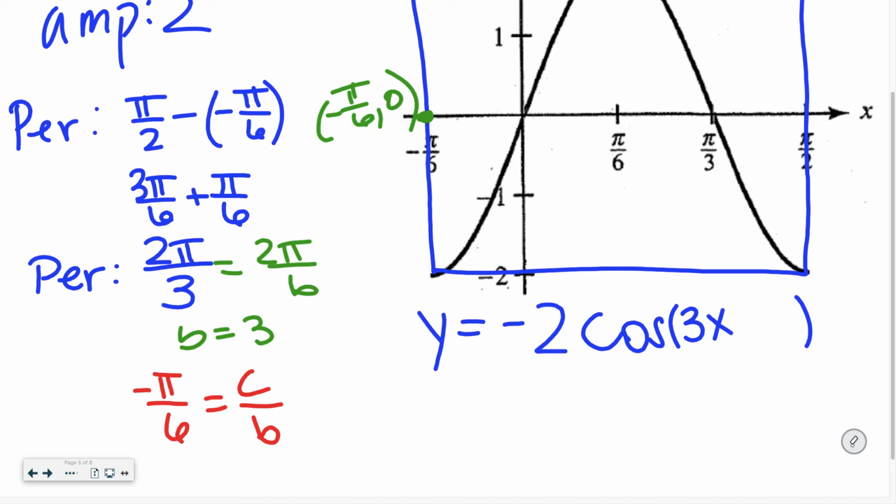We know b to be 3. So now we can solve for c by multiplying this 3 over. And since we have a shift to the left, pi/2, I need to make sure that this is 3x plus pi/2.